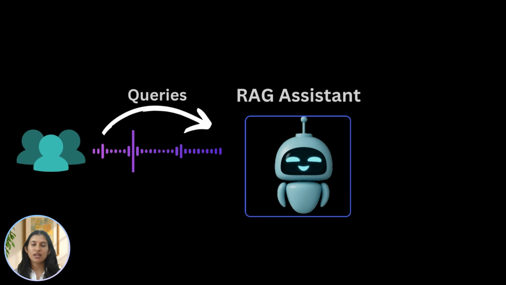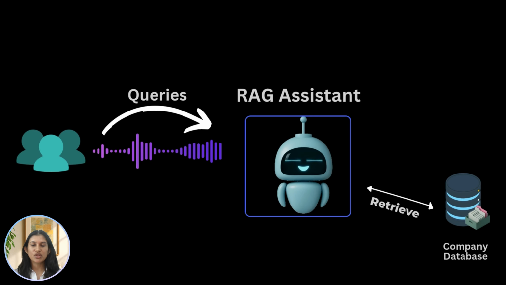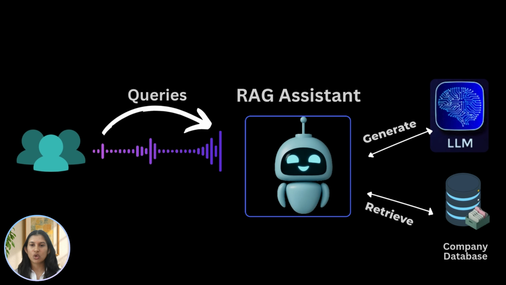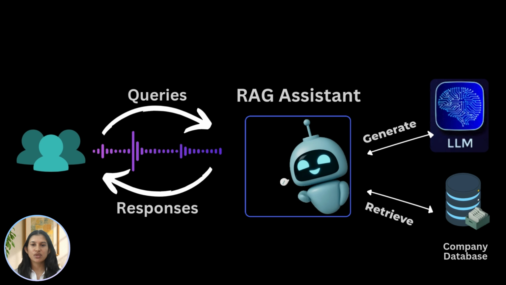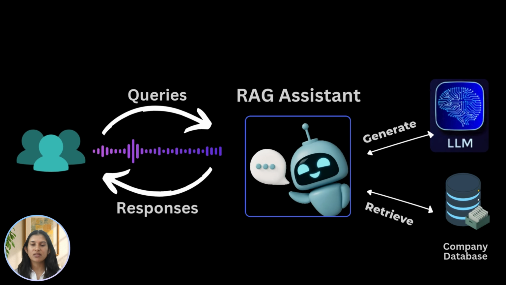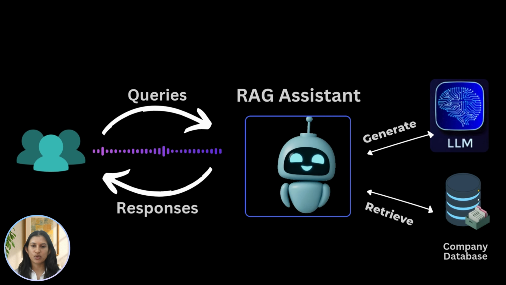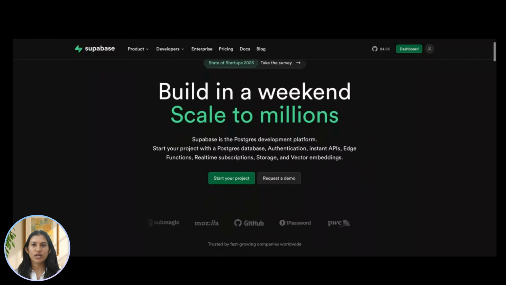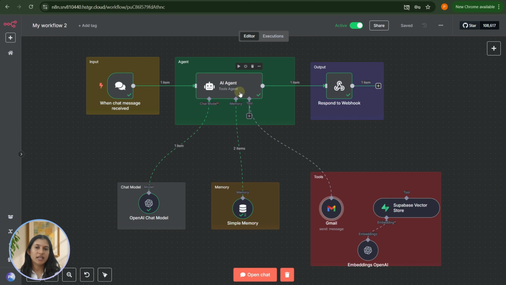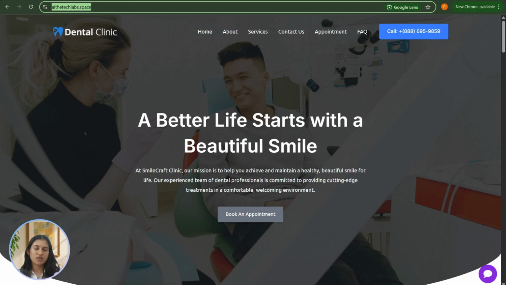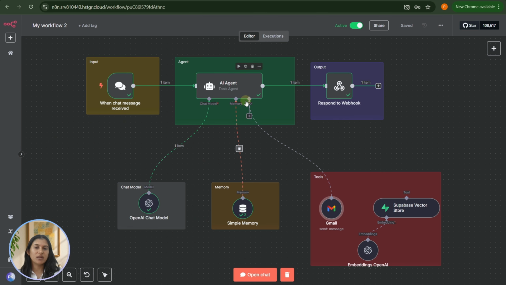So when the user asks a question, it will fetch relevant chunks and hand over those chunks to the agent as extra context, and then the AI agent will be responsible for answering the user query with an accurate response. We will be using Supabase for RAG. As we have seen, our AI agent was not able to answer the question with respect to Smilecraft Dental Clinic because the LLM does not have access to the data of any private company or private clinic.